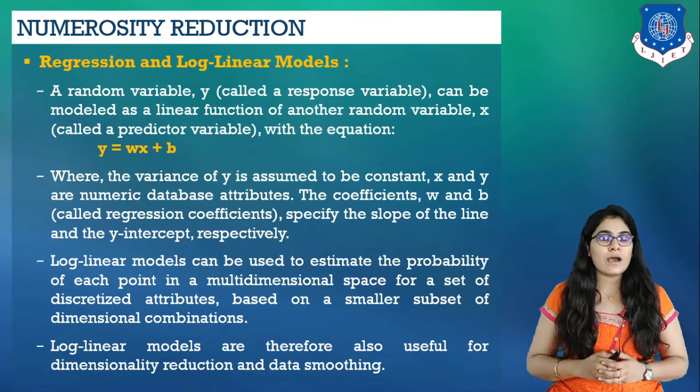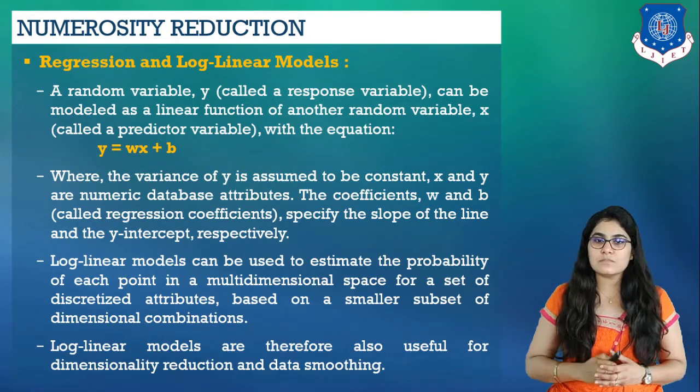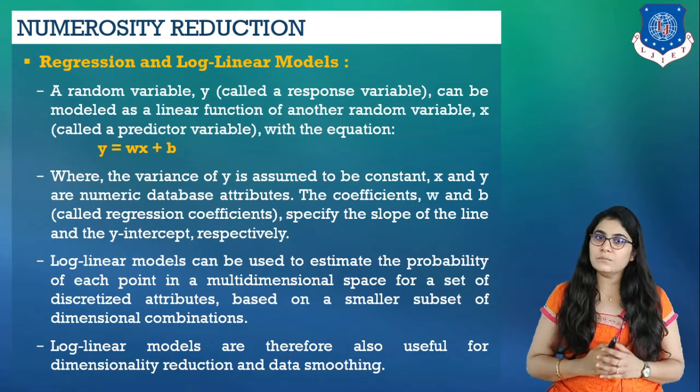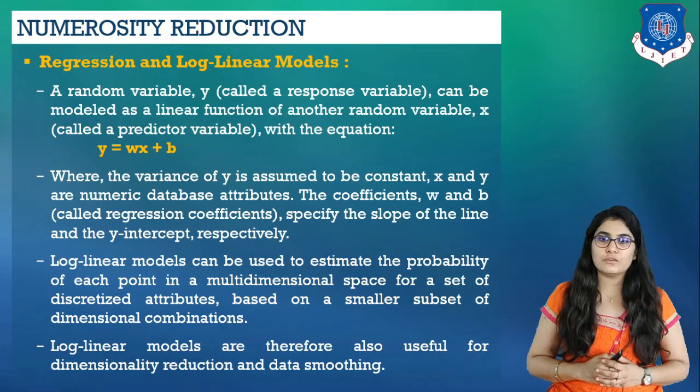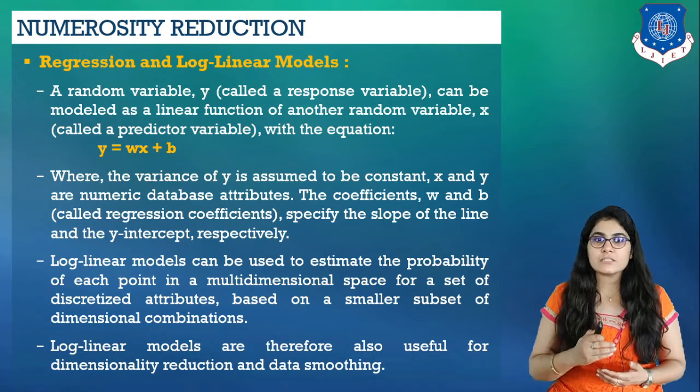This allows a higher dimensional data space to be constructed from lower dimensional spaces. Log linear models are therefore also useful for dimensionality reduction, since the lower dimensional points together typically occupy less space than the original data points.